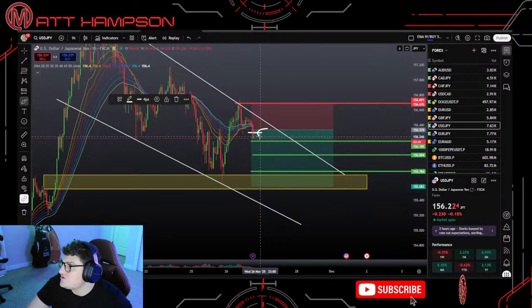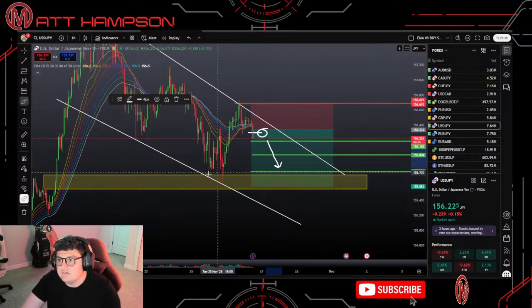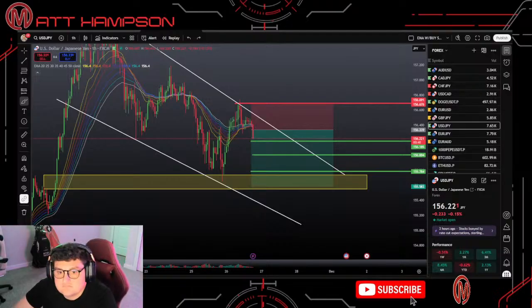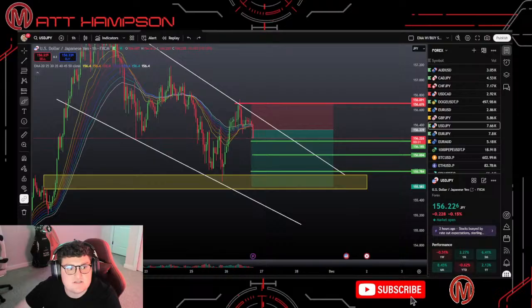I would take another entry right around here toward the downside. That's just how I like to trade. I'll get in multiple positions on the same trade rather than using one large lot or a larger amount of the account, to maximize my profits without too much risk.